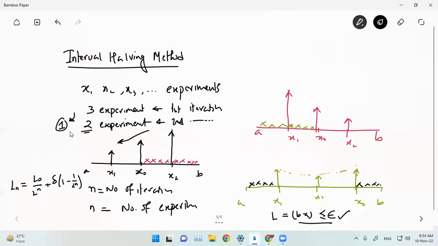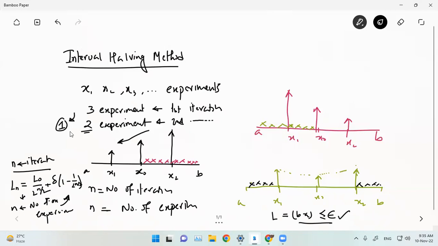If n is iteration, then this formula is okay. Otherwise, if n is the number of experiments, then the formula for the dichotomous search will just have n divided by 2, so 2 to the power n by 2. This is a slight correction, whether you take n as iterations or as number of experiments.